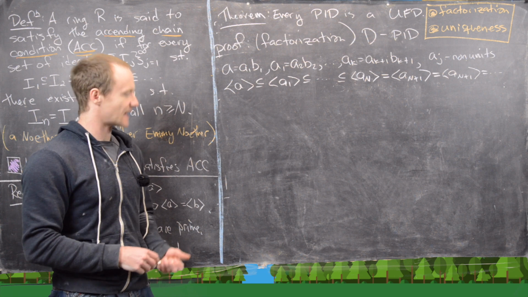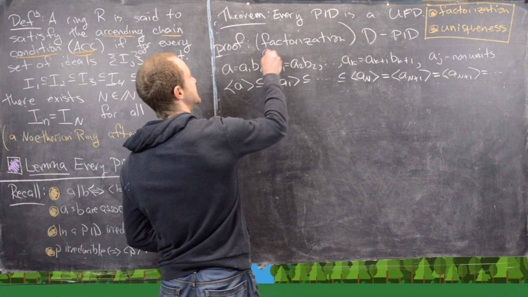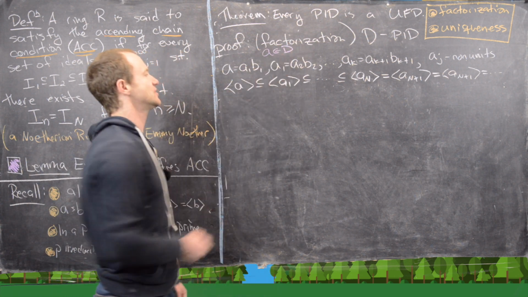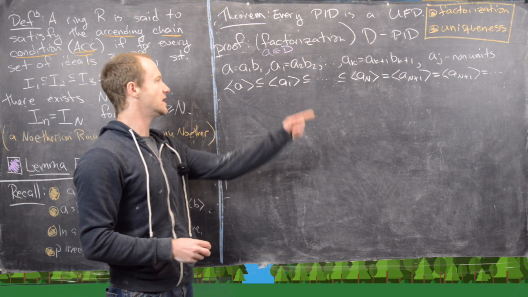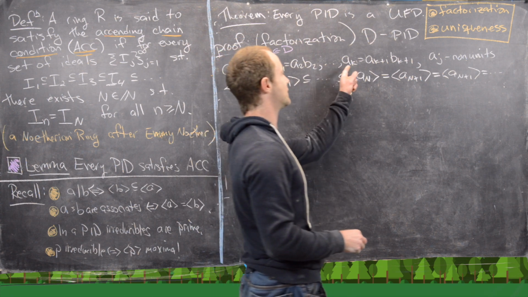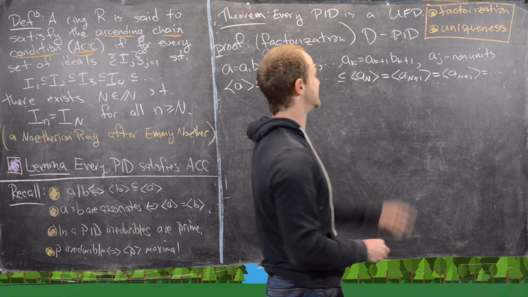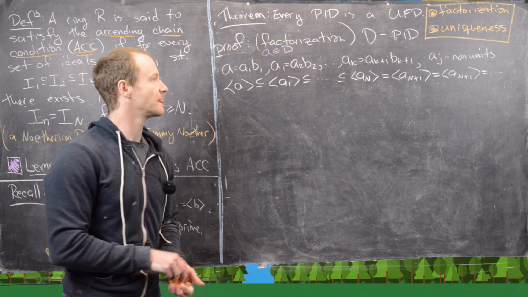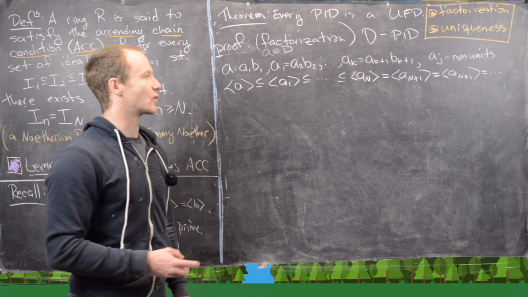So we started with this element A from our PID D, and then we factored it first into A1 times B1, then we factored that A1 into A2 times B2, and so on and so forth. In general, we factored AK into AK plus 1 times BK plus 1. And then the AJ were non-units.